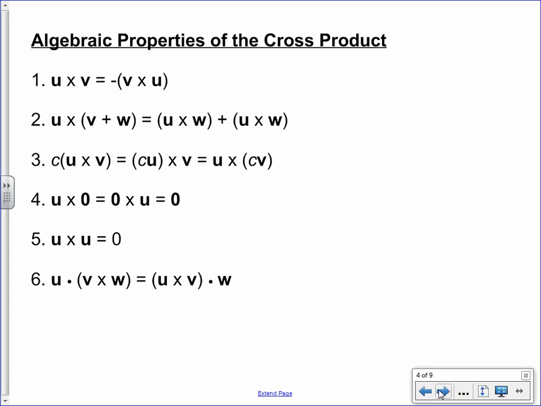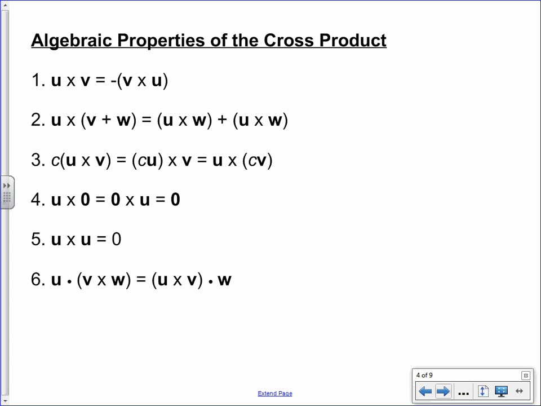If we have U cross the sum of V and W, since this is a cross product, we can think of this as distribution. That would be the same as taking U cross V and adding it to U cross W, just distributing that cross product through.